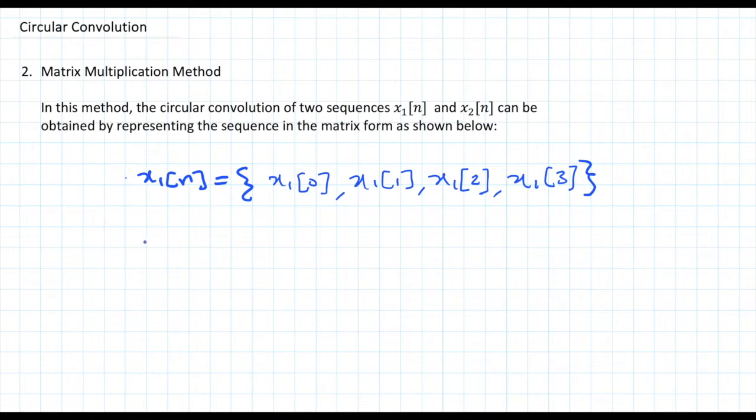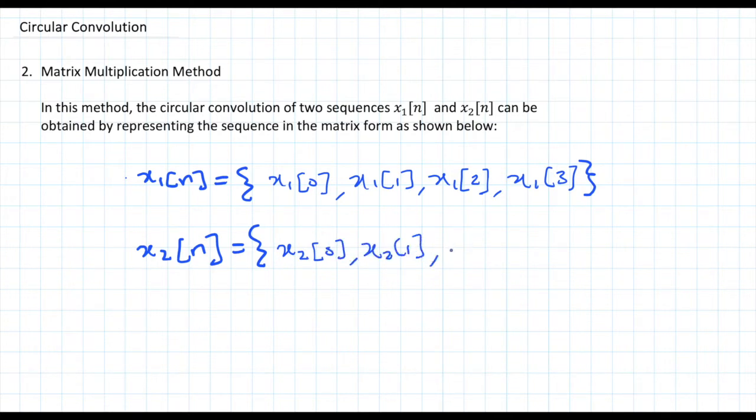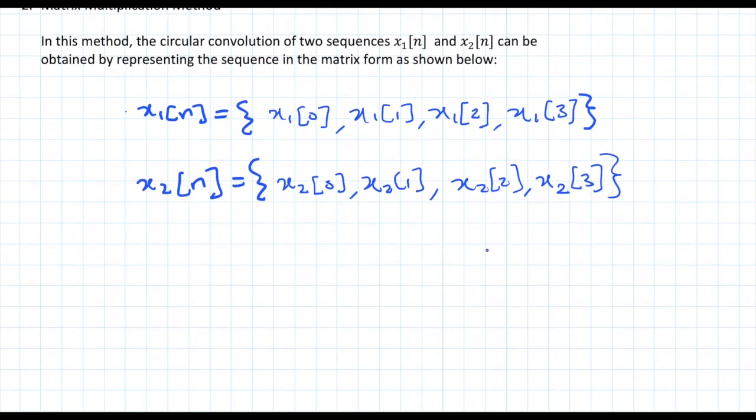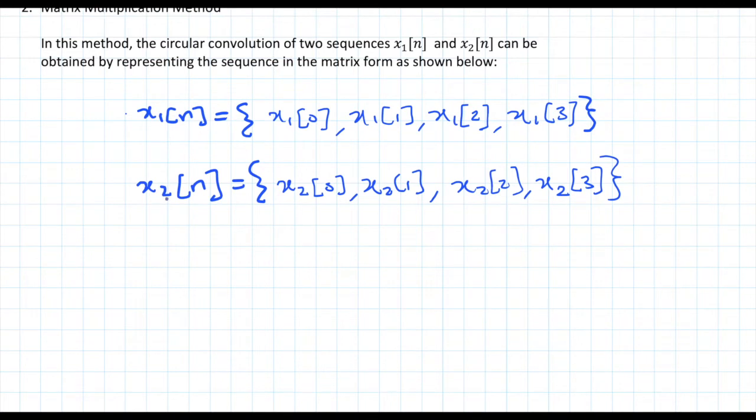Similarly, I have another sequence x2 of n, which also has 4 points. So they are x2 of 0, x2 of 1, x2 of 2 and x2 of 3. So in order to carry out the circular convolution, we should have the sequences of the same length.